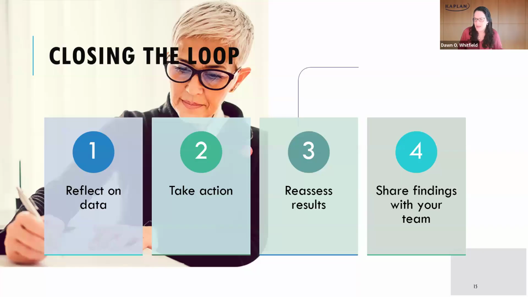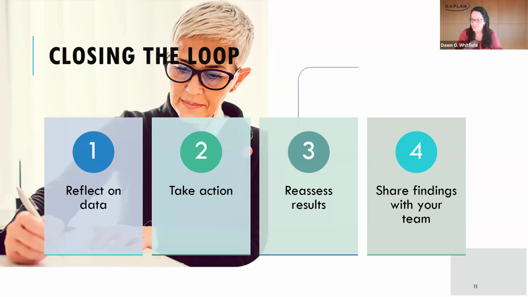Closing the loop is about completing the full cycle of continuous improvement. I've always been involved with continuous quality improvement, and we still have to be focused on that today. It begins with reflecting on the data. This includes digging into performance results and identifying what the numbers are really telling us.